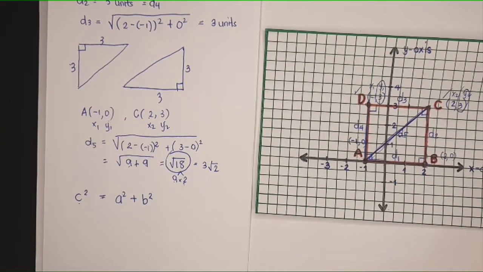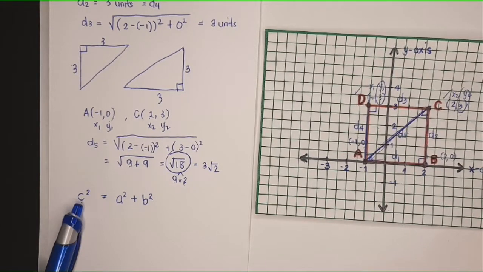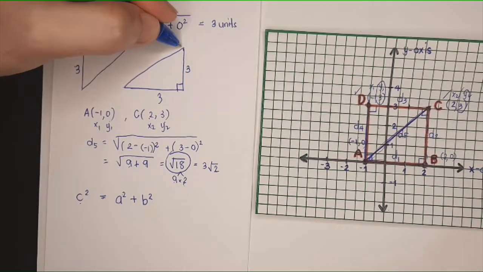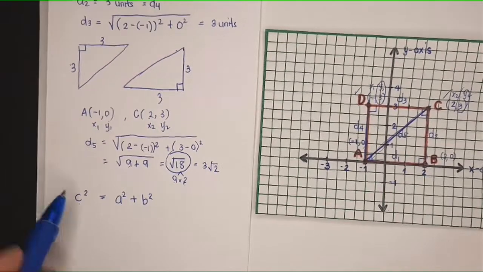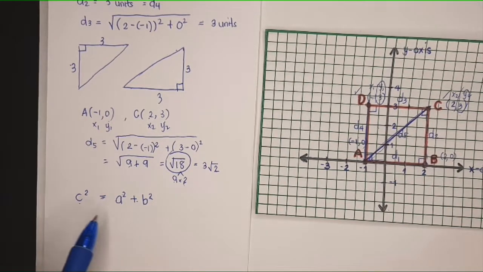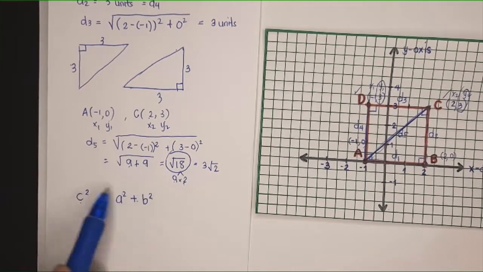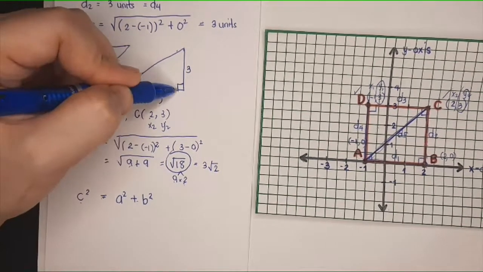The Pythagorean theorem states that the square of the hypotenuse, it's the longest side, is equal to the sum of the squares of the two legs. So, i-apply lang natin to kapag nasatisfy nila itong Pythagorean theorem, 90 degrees nga to.